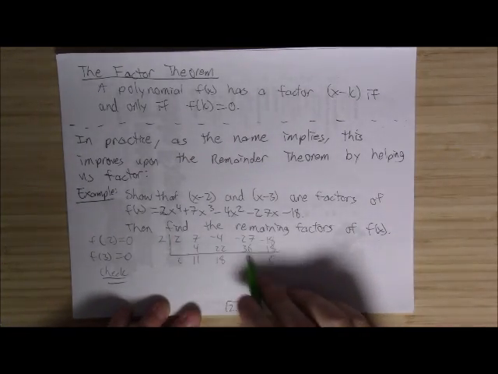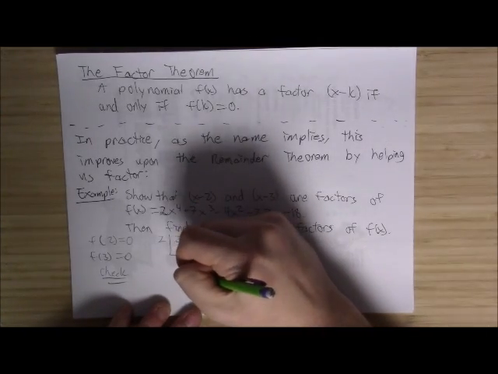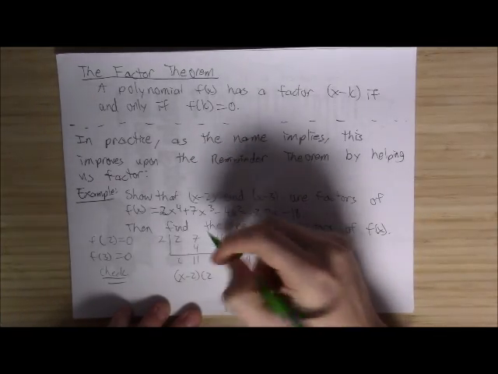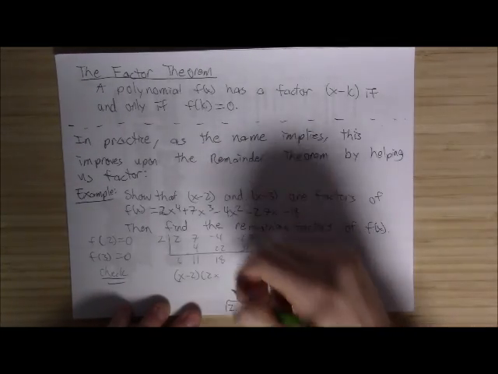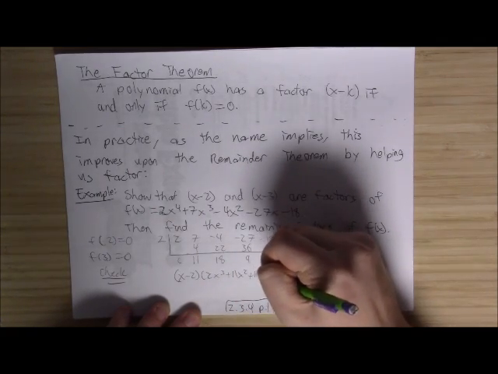But then that means that once we factor out x minus 2, we can get 2x cubed plus 11x squared plus 18x plus 9.